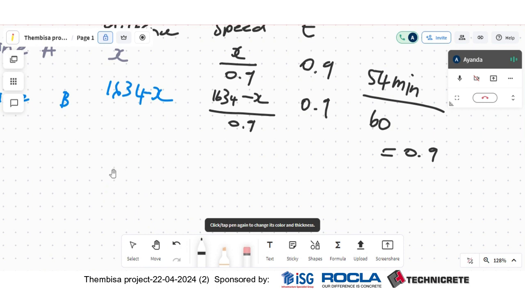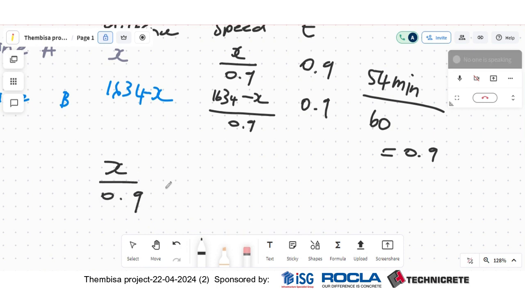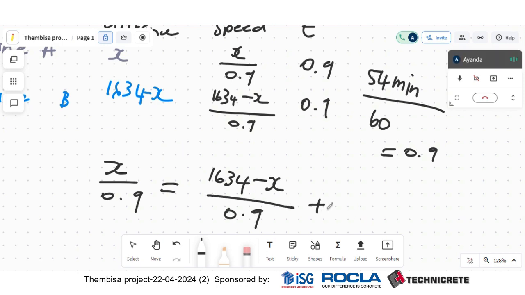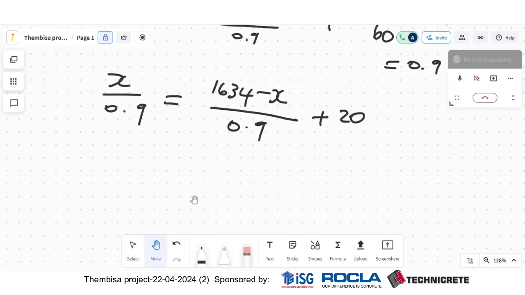We can take the speed of plane A, x over 0.9, and make it equal to the speed of plane B, (1,634 minus x) over 0.9 plus 20. Remember, plane B is traveling 20 kilometers per hour slower than plane A.